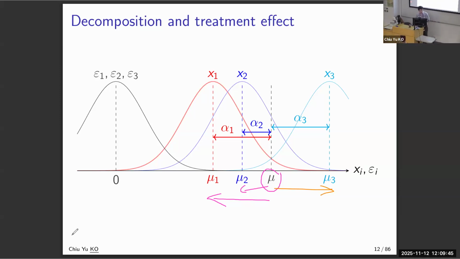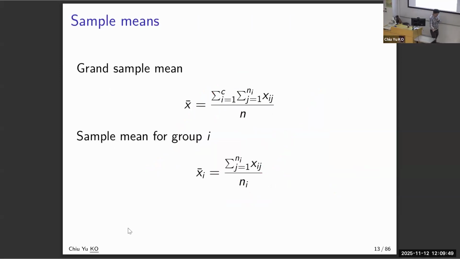And as we said, before we do that, we want to estimate mu1, mu2, mu3, because they are the numbers we care about. On average, how much people want to spend in Hong Kong, Shanghai or Singapore.